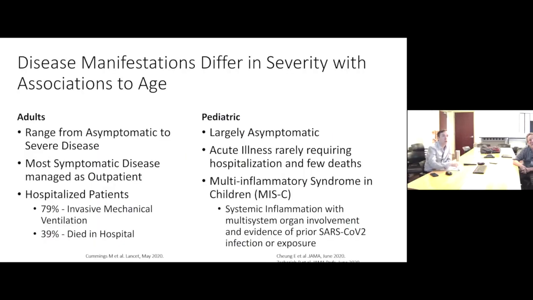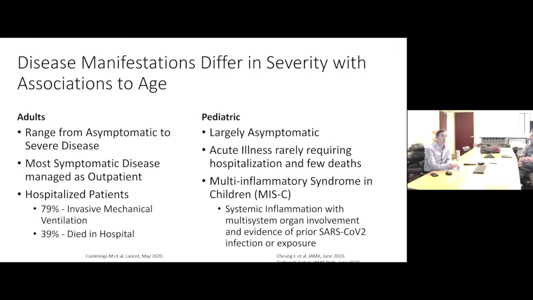We now know, and it's been well characterized both here and around the globe, that the disease manifestations of COVID-19 are highly associated with different ages. In adults, the vast majority of patients experience relatively mild disease, most of which can be managed as an outpatient. However, those that ultimately require hospitalization have a fair amount of morbidity and mortality.